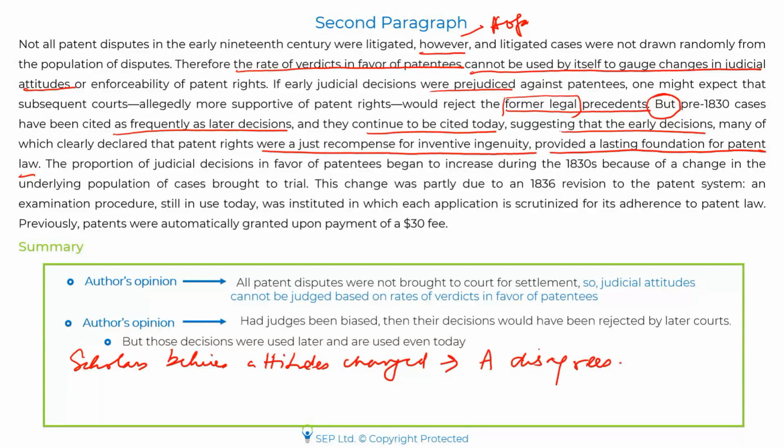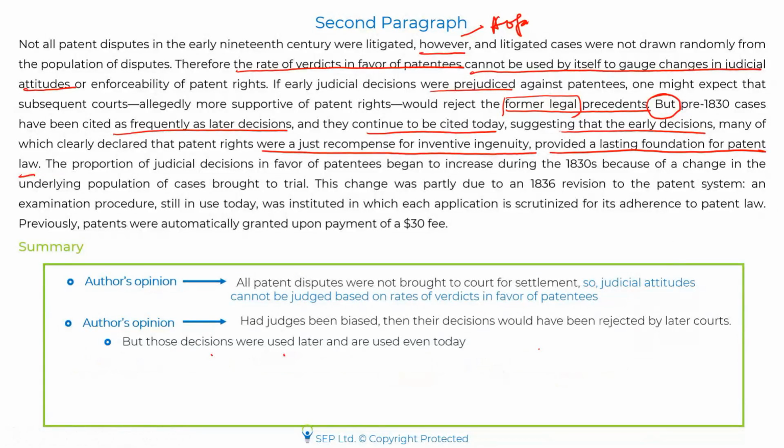So guys, let me know if this is clear. Wonderful. So scholars believe that attitudes changed in 1830. Author doesn't agree. Author believes that since the earlier judgments were used in later cases, no changes really happened. Okay. So this is your takeaway in the inference that you can draw.